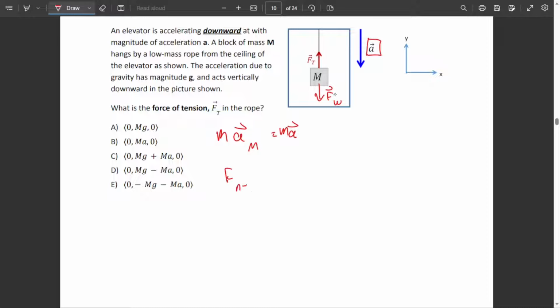So this is the net force on our block, equal to mass times the acceleration of the elevator. From here, we know what the net force is. We have the two forces that make up the net force, force of tension and the force of weight. So, force of tension plus force of weight must equal mass times acceleration of the elevator. And then from here we can solve for the force of tension.